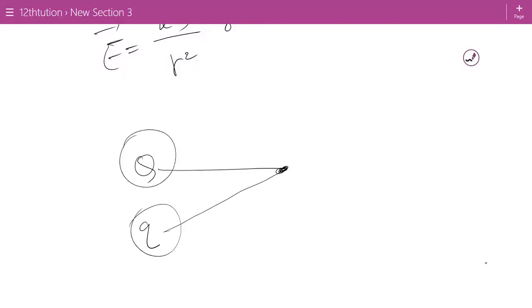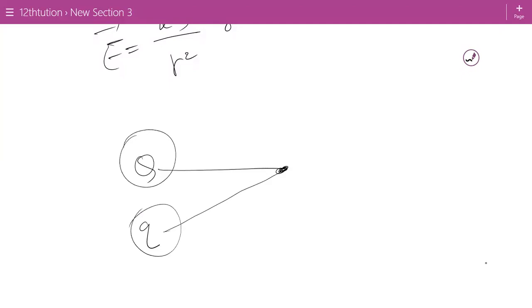So that is electric field. You can add two electric fields just using the same formula as you added force, the superposition principle, because electric field is also a vector quantity. So if you want to add electric field due to this capital Q charge and small q charge at this point, you will add electric field due to capital Q and small q using the superposition principle.